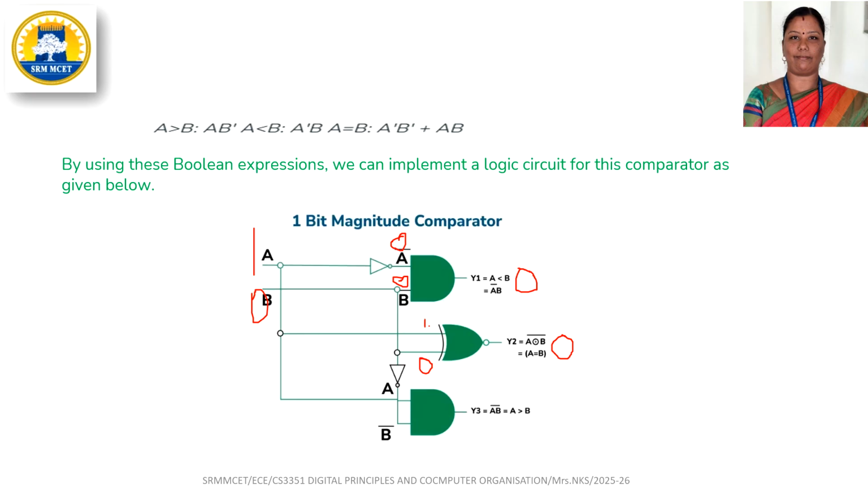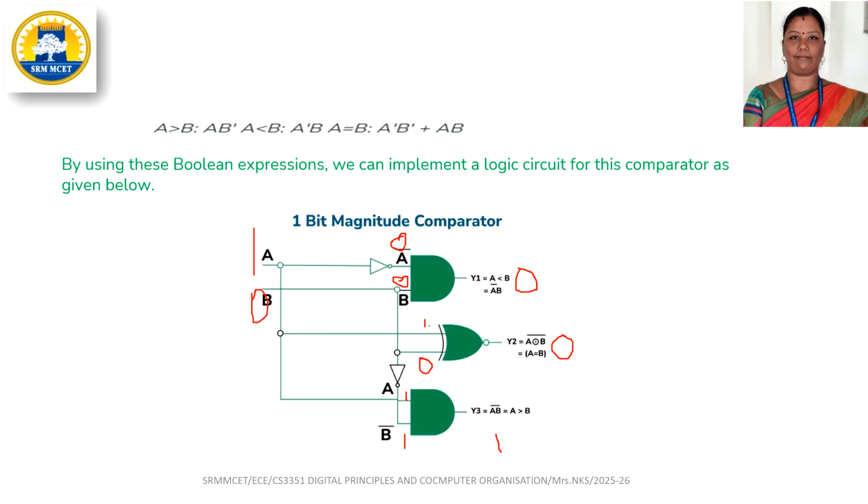If A equal to 1, here the AND gate will get the input 1, and B is 0. So B gets inverted before being given to this AND gate, so B bar will be 1. We can see that for this AND gate, both the inputs are 1, so the output of this AND gate is also 1.